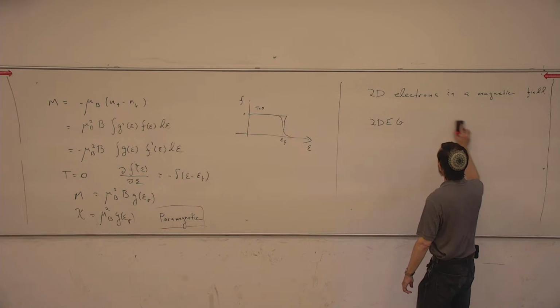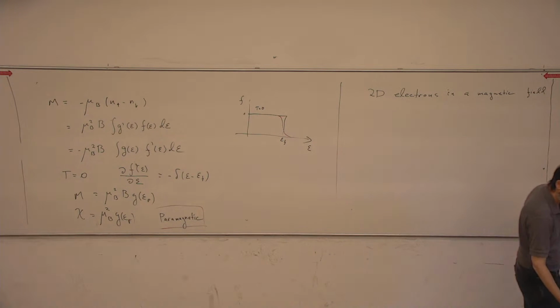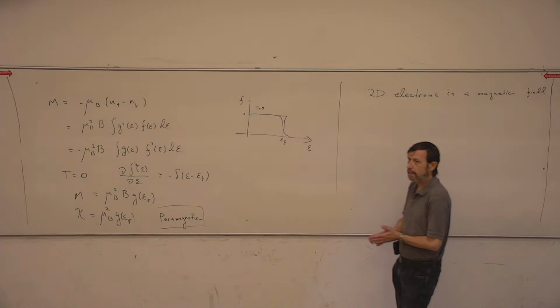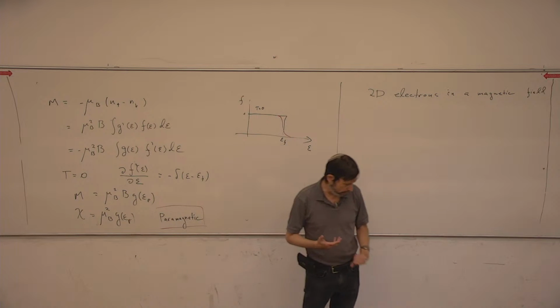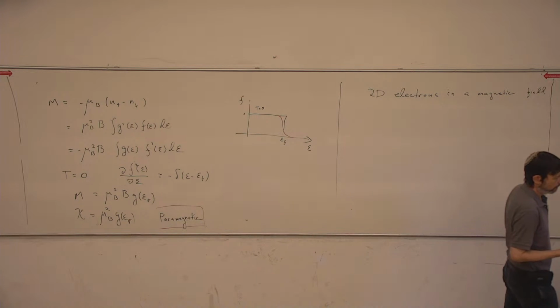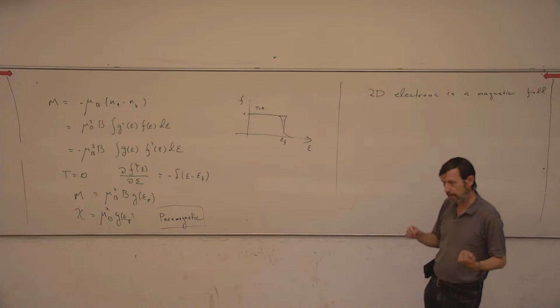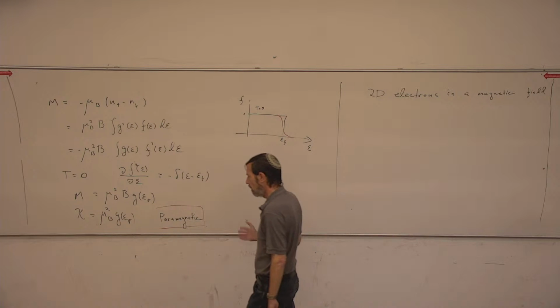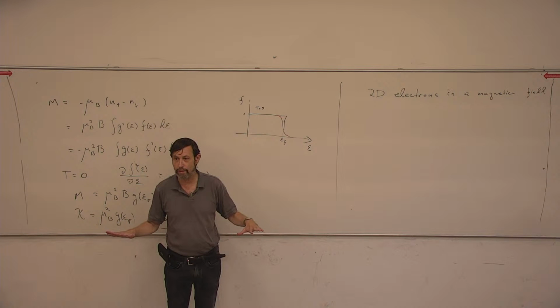Okay, so how do we calculate the response to a magnetic field? Well, let's take the simplest case. We have already considered what is the effect of lattices on these games, the tight binding, nearly free electron. But for our purpose here, it's enough to go to the simplest model, which is nearly free electron?